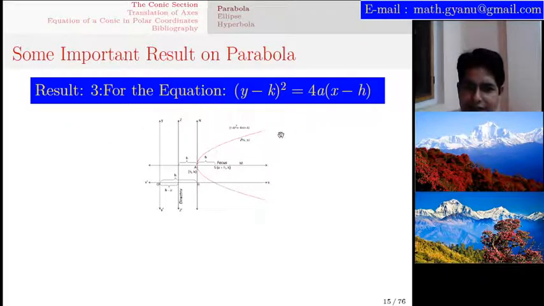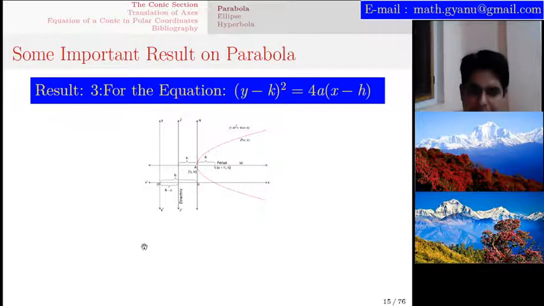The curve traced in red is the parabola, and its focus will be (a plus s, k). The equation of the directrix is the equation of this line.